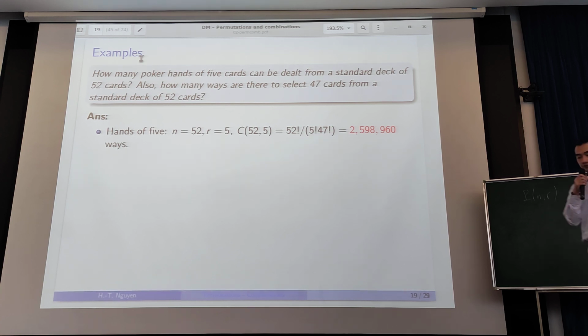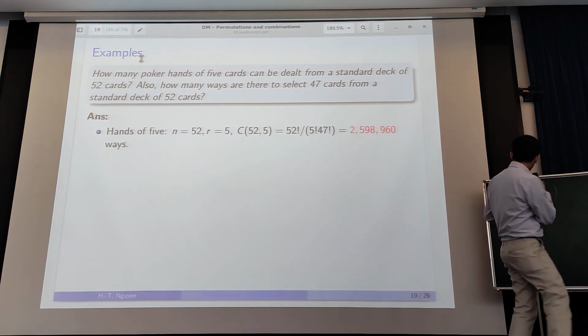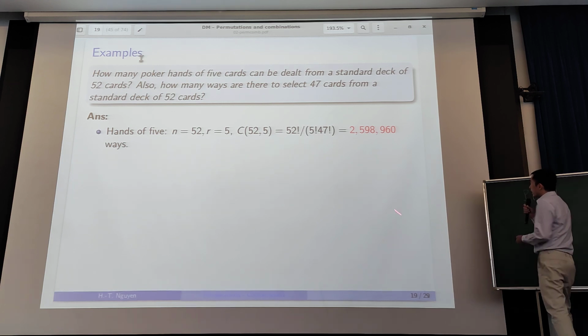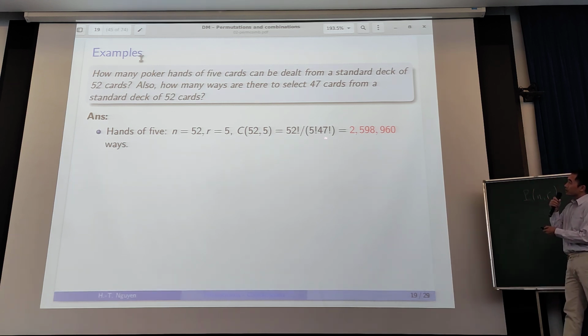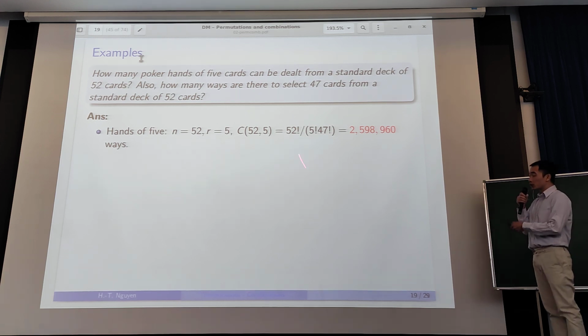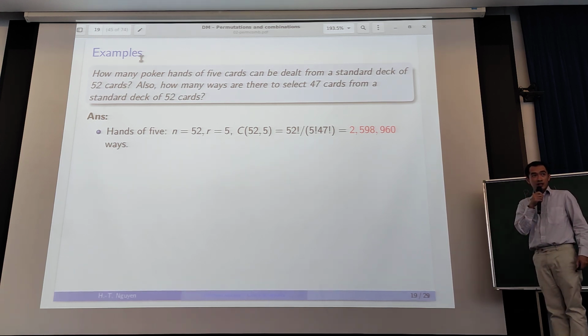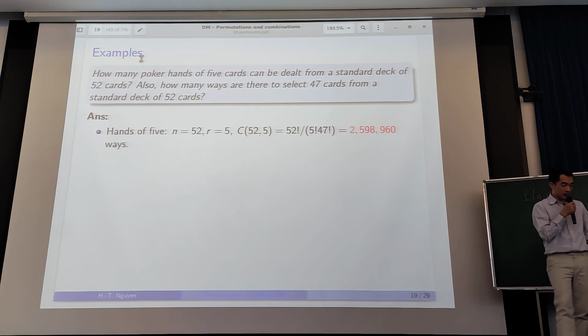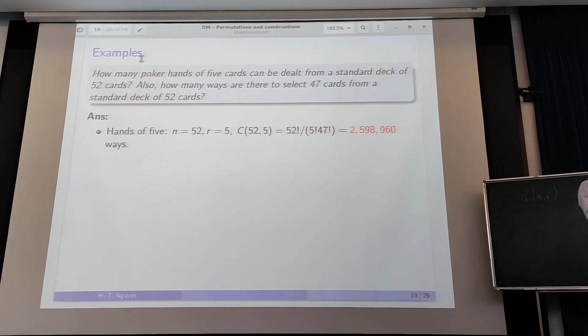And here, pay attention to this. In order to calculate this number, you do not calculate 52 factorial. 52 factorial is a huge number. You cannot calculate it with your computer, but here you should be clever.